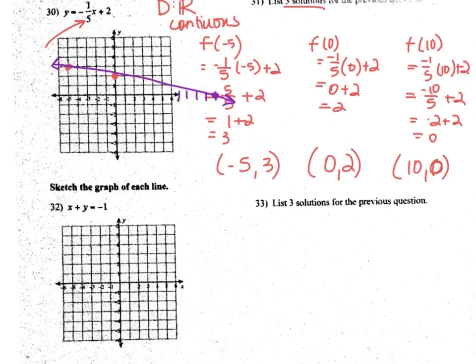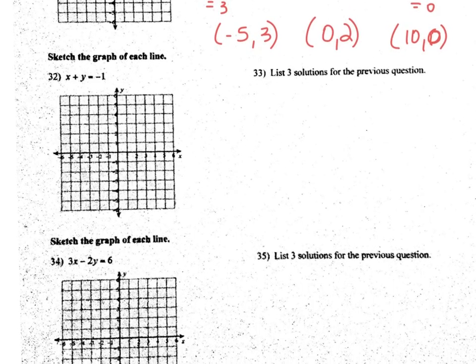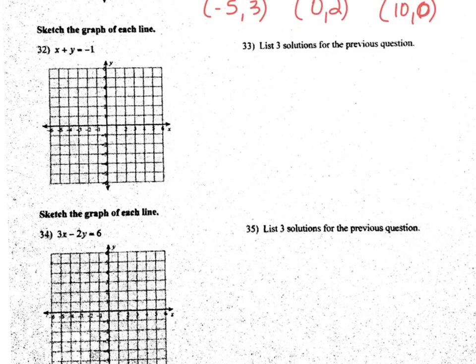All right, question 32, very similar, except we need to solve for y first. So if I solve this for y, I'm going to subtract x from both sides. So y is going to equal -1 minus x. And then we have to pick 3 numbers. I'm going to try to keep it really simple this time. So let's do f of -2, f of 0, f of 2.